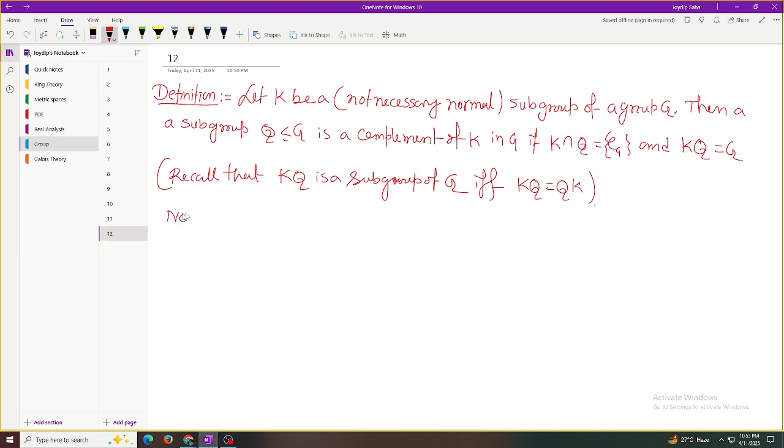Note that a subgroup K of a group G need not have a complement.